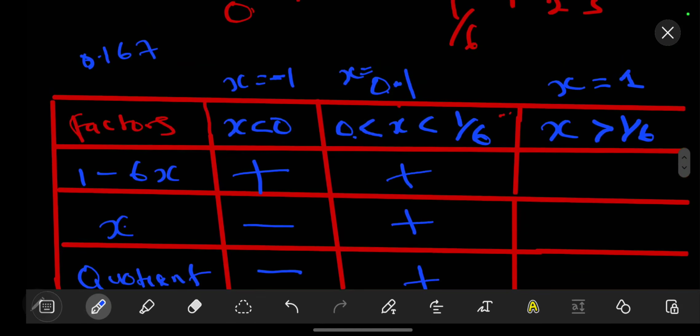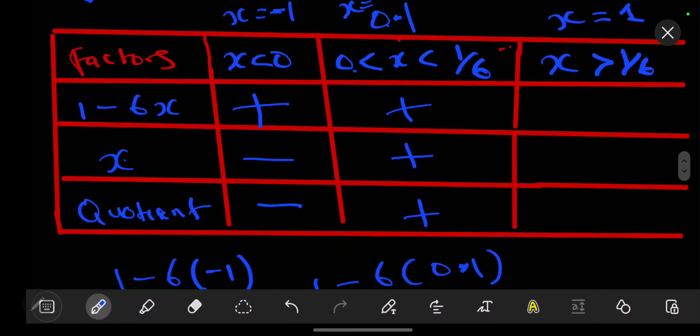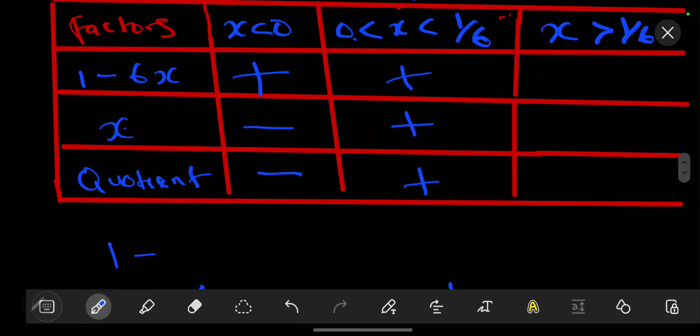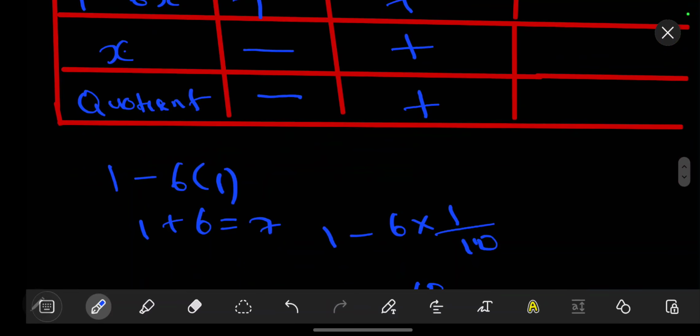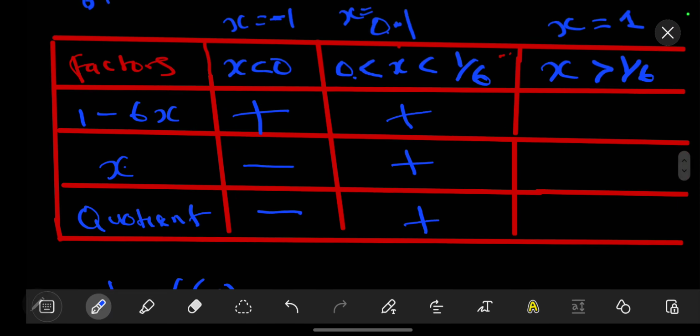Looking at the last one, if x is equal to 1, where there is x, we put a 1. We are going to have something like this: our 1 minus 6, where there is x, we put 1. It will be equal to our 1 minus 1 times 6 will give us 6, which will be -5 like that.